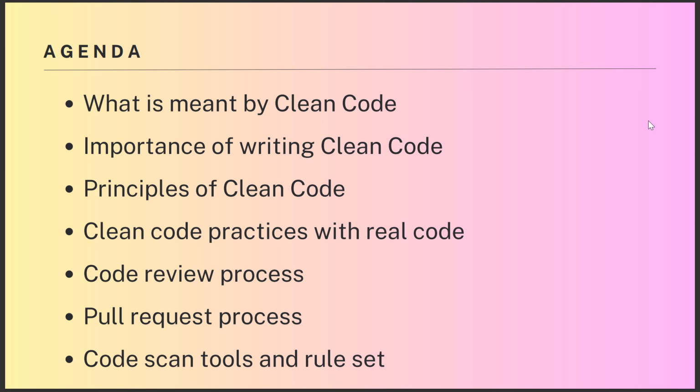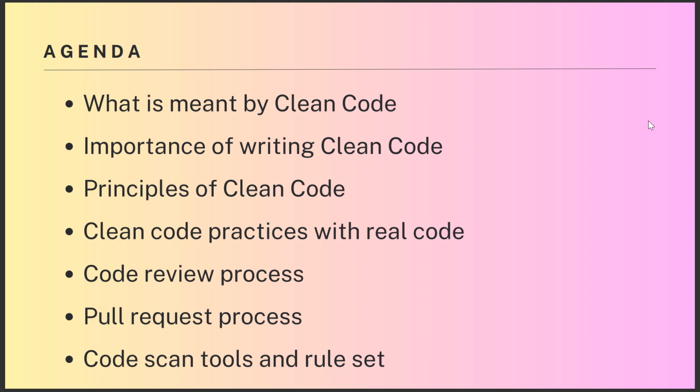Then we will see how exactly the code review process works in any organization or in a project where you work. There are certain processes set up in any organization to make sure these clean code principles are enforced, and as a developer or engineer, you must adhere to those processes.